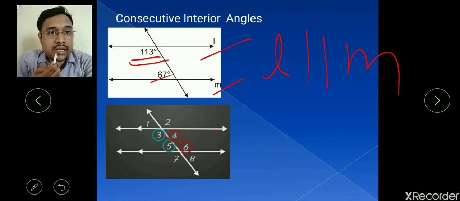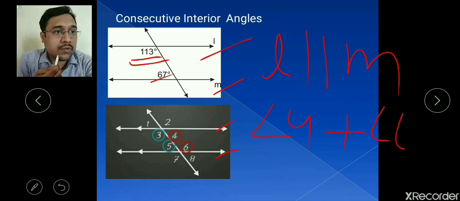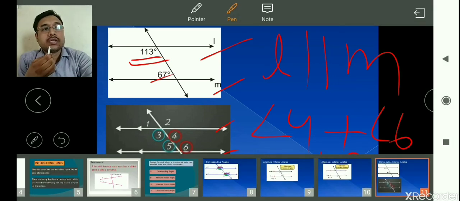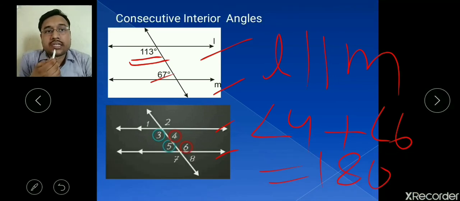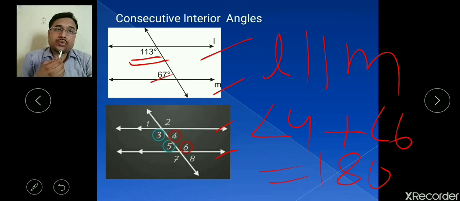With lines L and M, if you add angle 4 plus angle 6, it will come 180 degrees only. Same way, angle 3 and angle 5 are also consecutive interior angles. So that's all students.